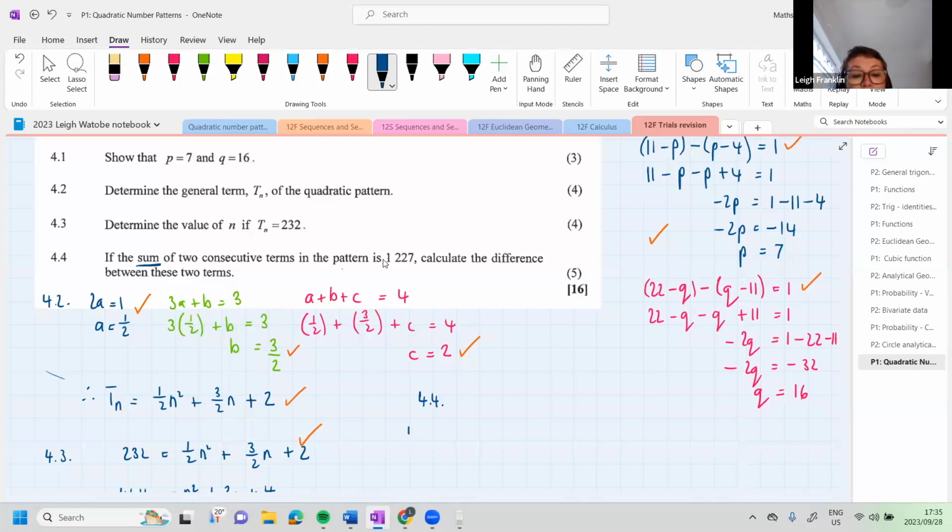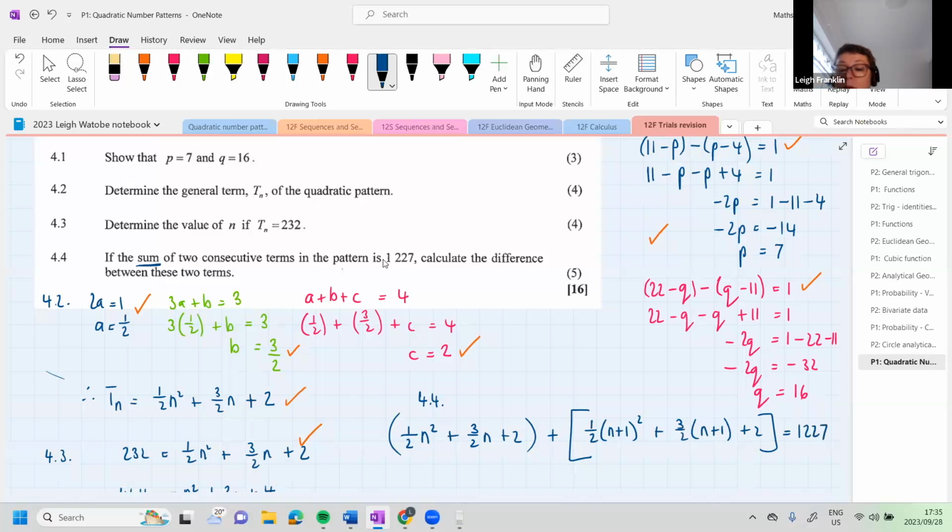It means that our first term is going to be described by half n squared plus 3 over 2n plus 2. To that, we need to add the next consecutive term in the pattern. So this is going to be half n plus 1 squared plus 3 over 2 n plus 1 plus 2. And these two have to add up to 1,227.